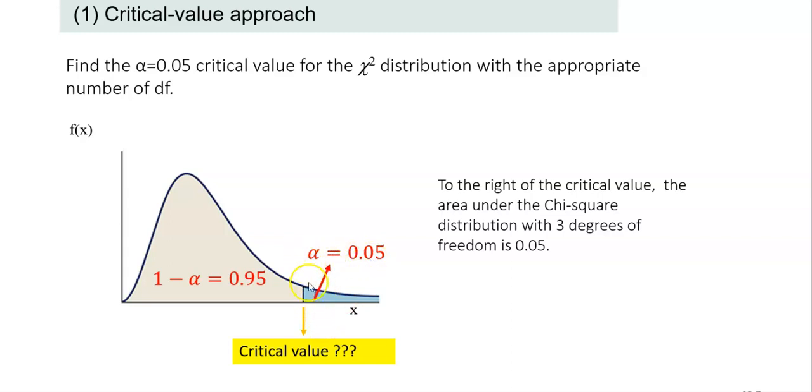So the area to the right of the critical value is 0.05. The total area under a probability distribution curve is 1, so the area to the left of the critical value is 0.95.